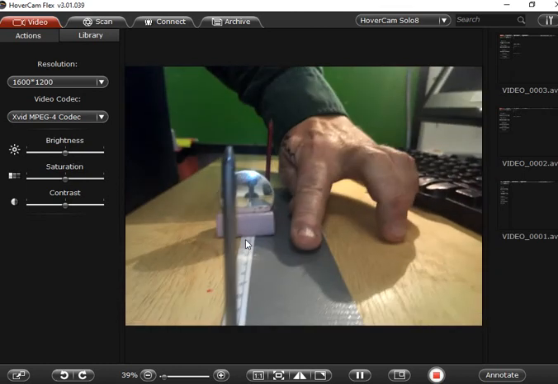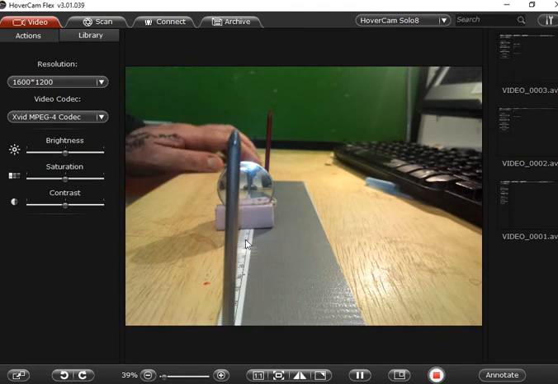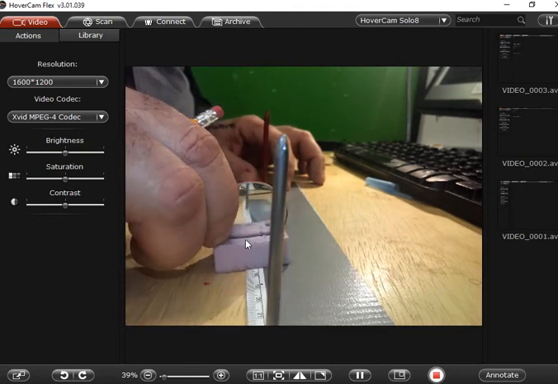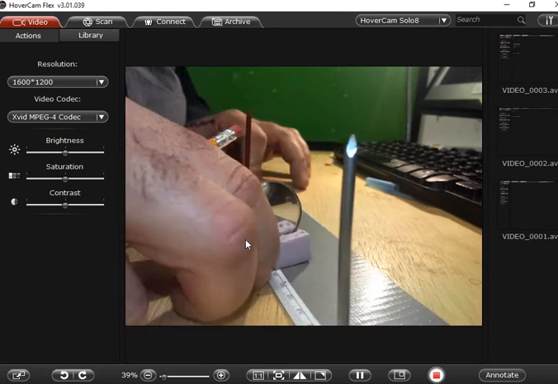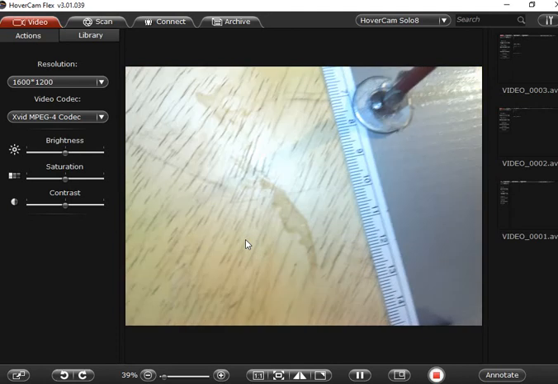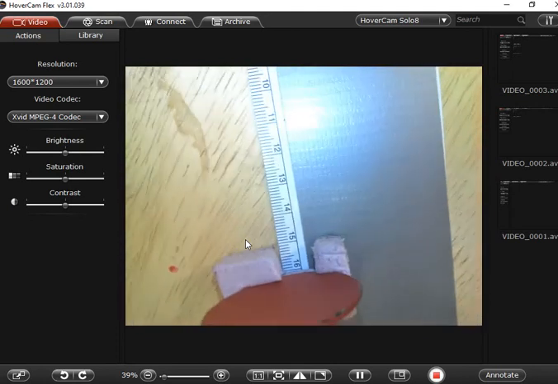Okay, next. It says move the mirror so that the front surface is at the 16 centimeter mark. Okay, so the mirror is now at 16.